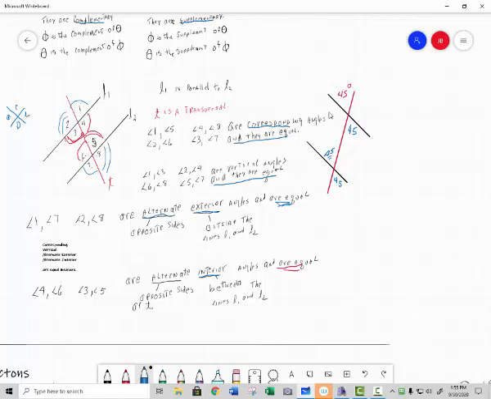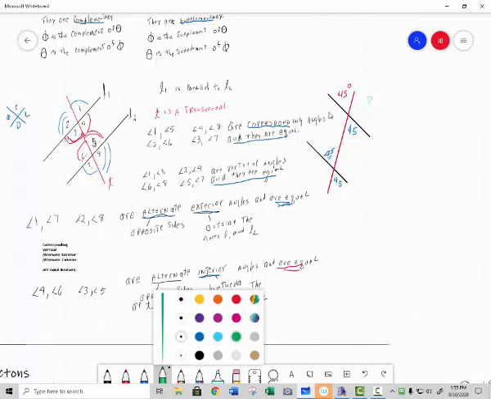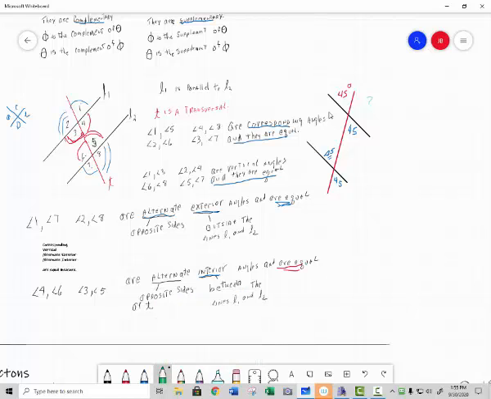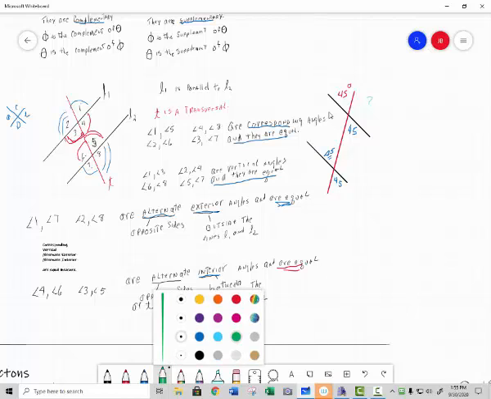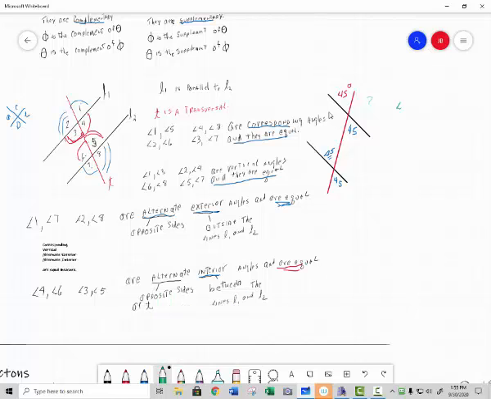All right, now what's this one right here? What is the value of this angle? Well, what I can know is that they're supplementary. So I know that this angle, 45 plus the x, whatever that happens to be, has to add up to 180.